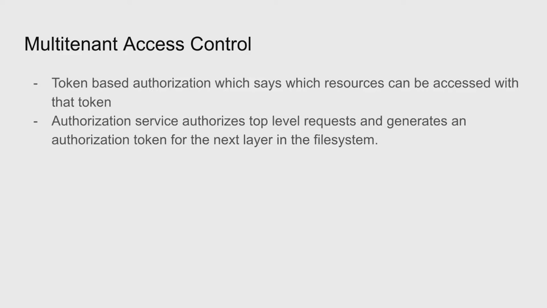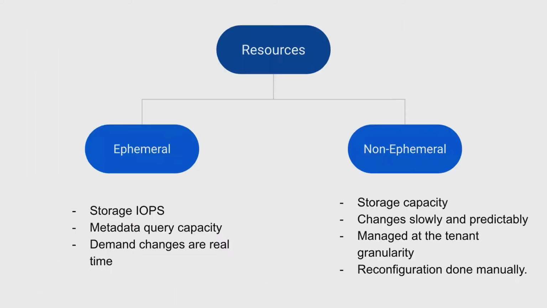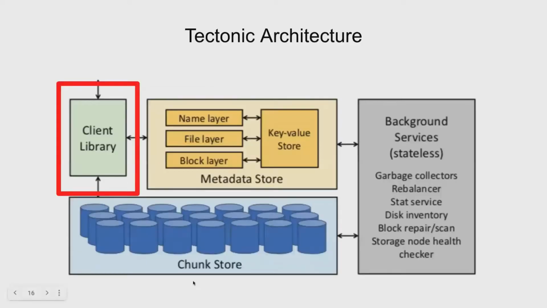So at the very top level, an authorization service authorizes a request and generates an authorization token for the next layer in the file system. So if we look at our Tectonic architecture again, the name layer will authorize a request, and then it will generate another authorization token for the file layer, and the file layer will generate another authorization token for the block layer.